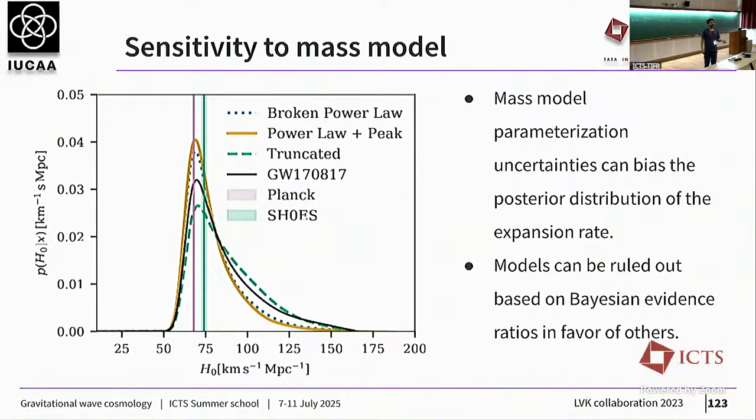And that's the reason why you do nested sampling, which also gives you the evidence for your data, given the model. And so you should be able to then select between these different models using these Bayesian evidences. So please read about it, how to use evidences for carrying out model selection. And then that will help you understand how people figure out, in the presence of different hypotheses, which is the hypothesis that you should go with.